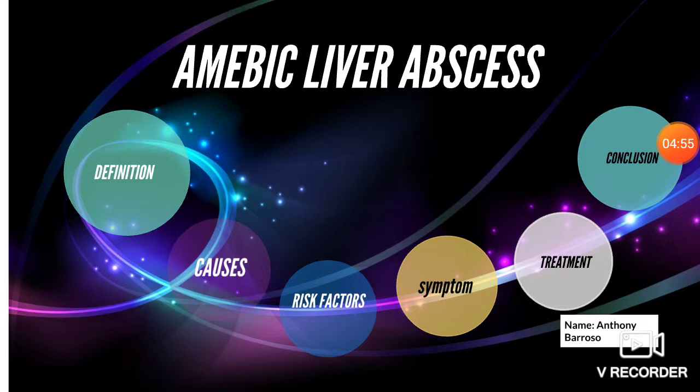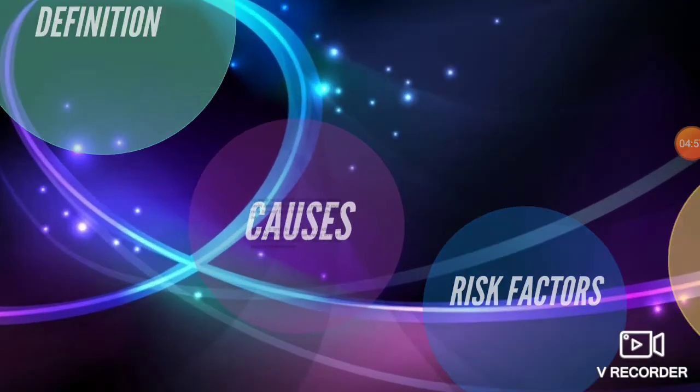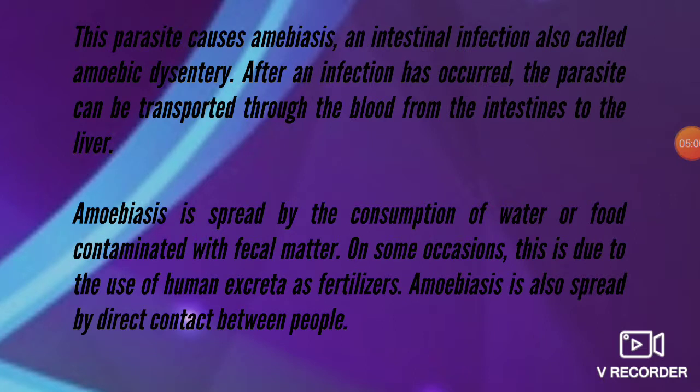Causes: These parasites cause amebiasis, an intestinal infection also called amoebic dysentery. After an infection occurs, the parasite can be transported through the blood from the intestines to the liver.